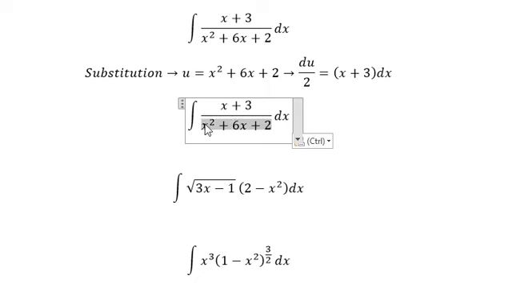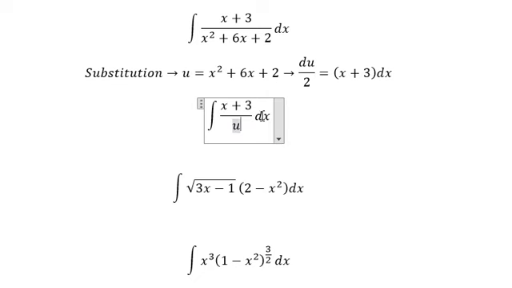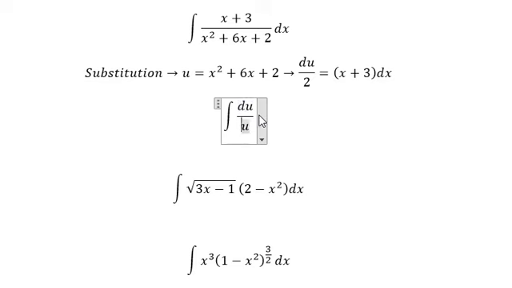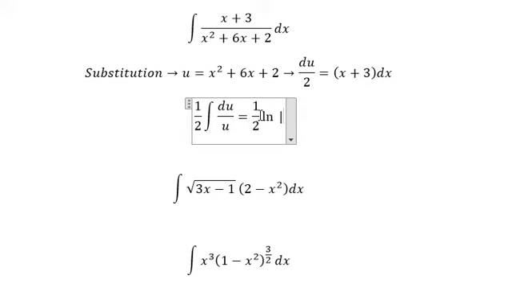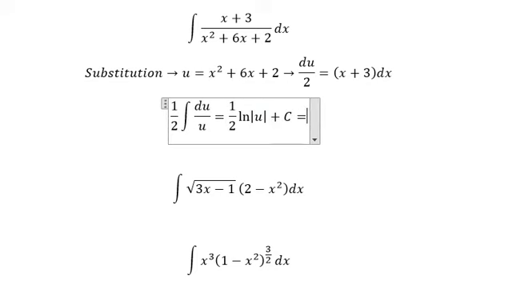So this one we change for u. This one we change for du over 2. So we got 1 over 2 ln of the absolute value of u. About u, that's this one.